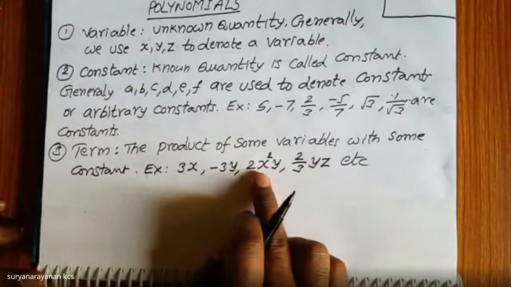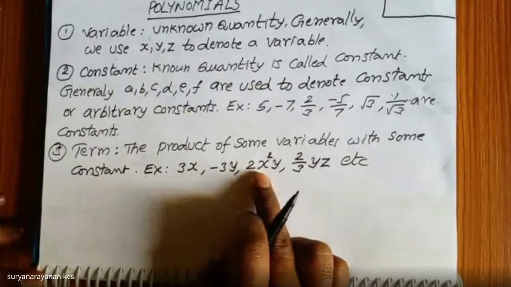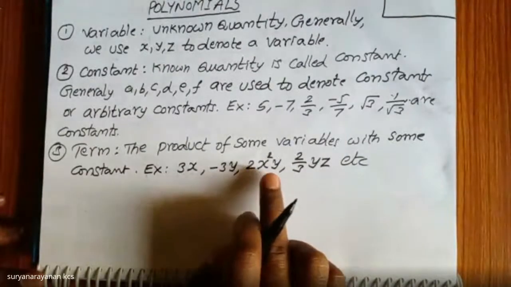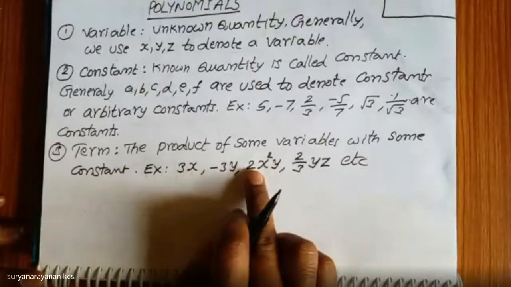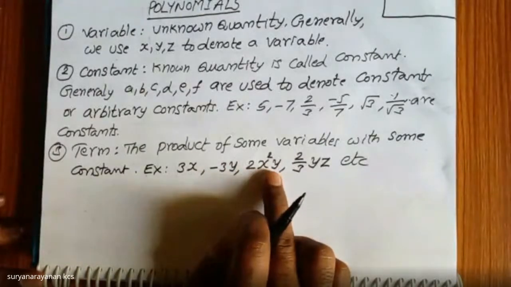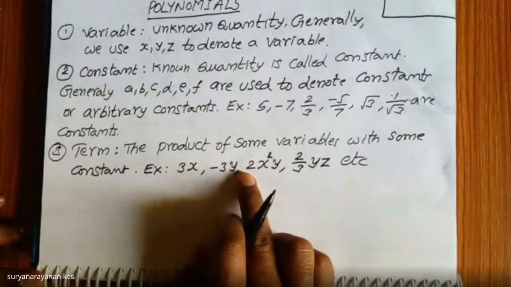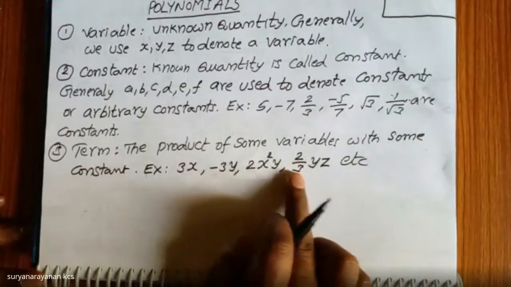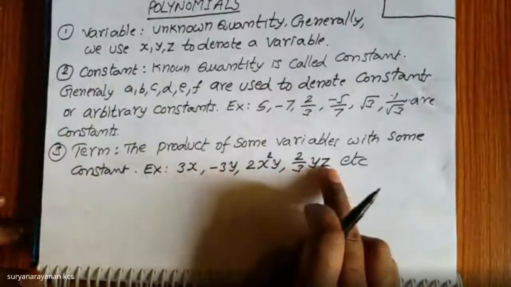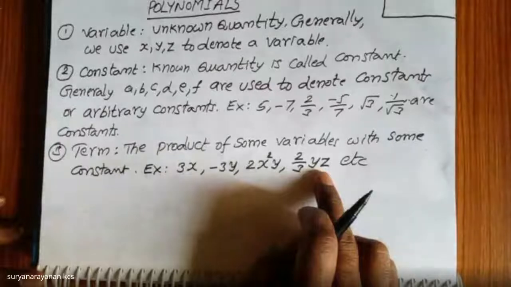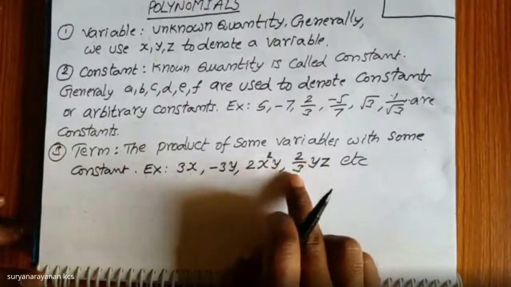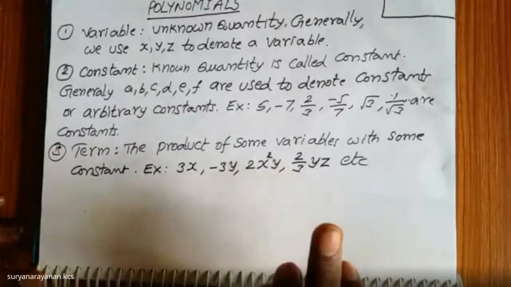In the third example, I multiplied x square into y. Here x is one variable, y is another variable. Two variables are there in this term, and this is multiplied by a constant 2. In this fourth example, here yz, two variables are multiplied, and that product is multiplied by 2 by 3, some constant.